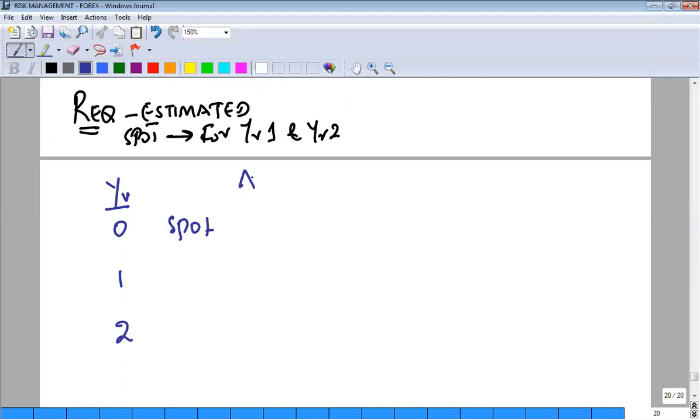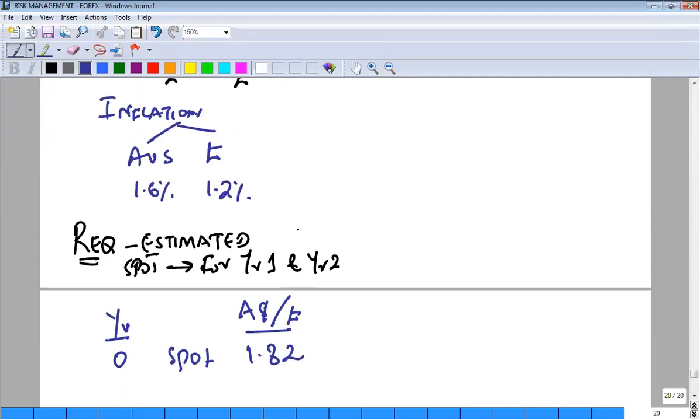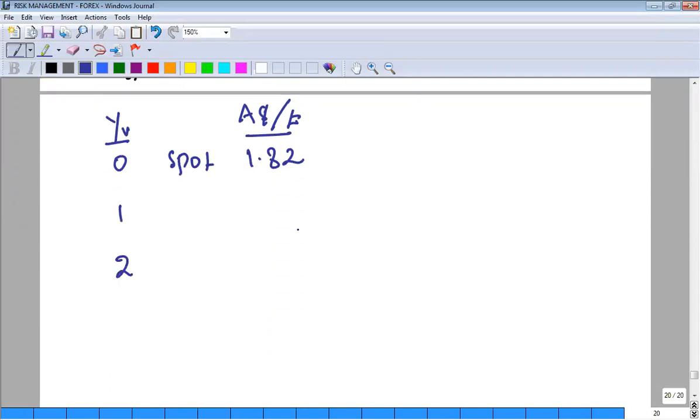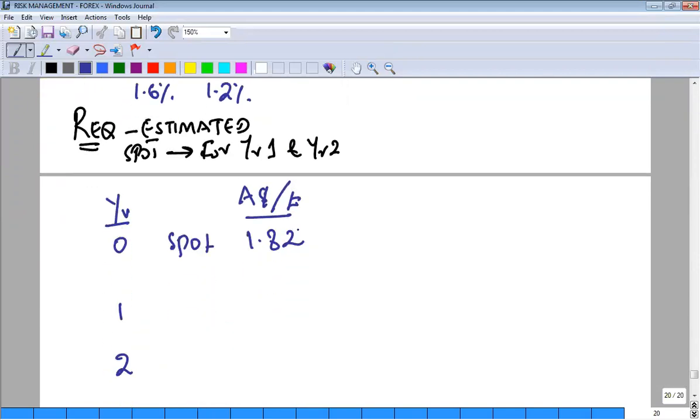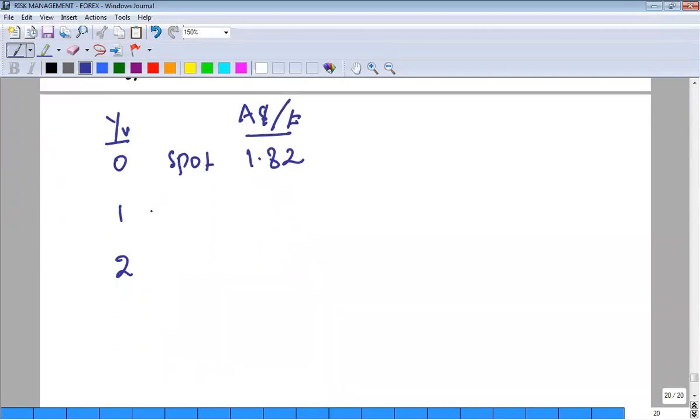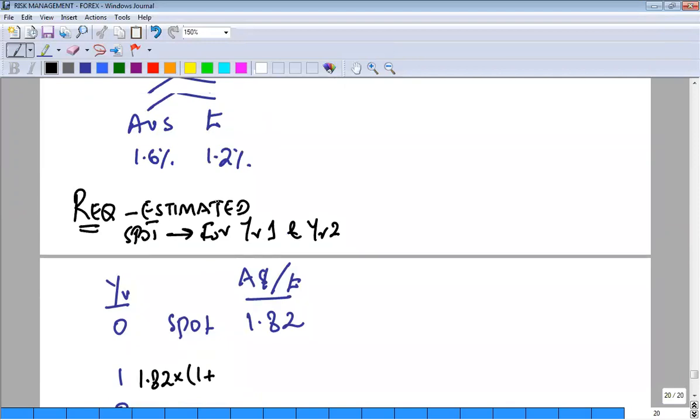Now the spot is Australian dollar per sterling 1.82. 1 year after, what will be the rate? We will work it out accordingly: 1.82 multiplied by 1 plus inflation.